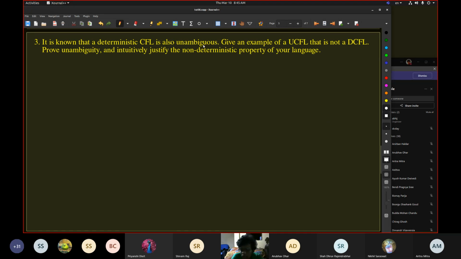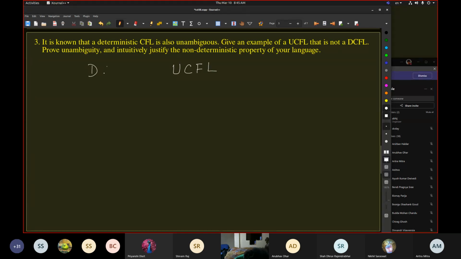So you know unambiguous grammars, right? Do you know or not? Yes, sir. Okay. So if a context-free language has an unambiguous grammar, it is called an unambiguous context-free language. So this UCFL, unambiguous context-free language, is defined by context-free grammars.